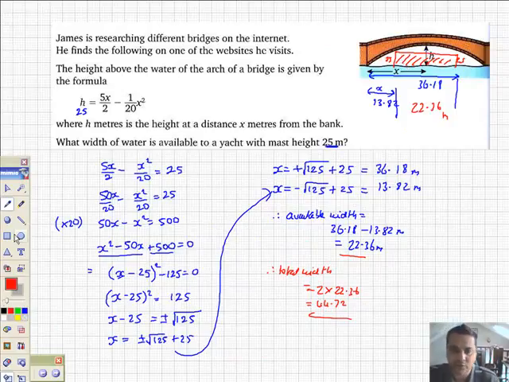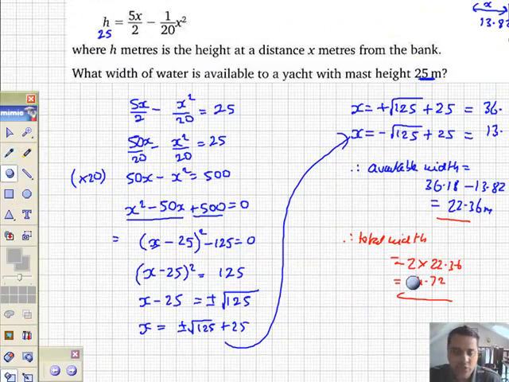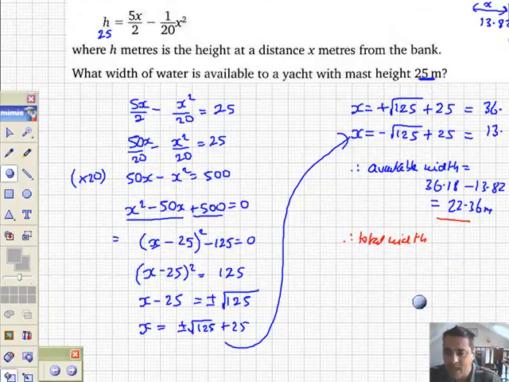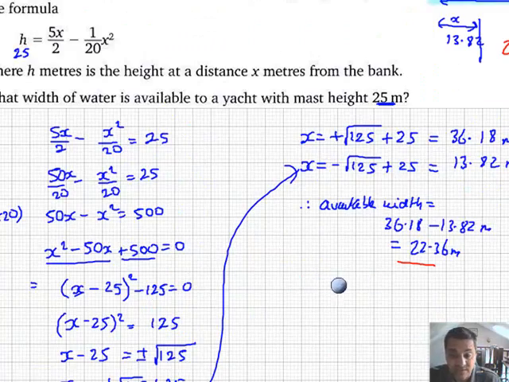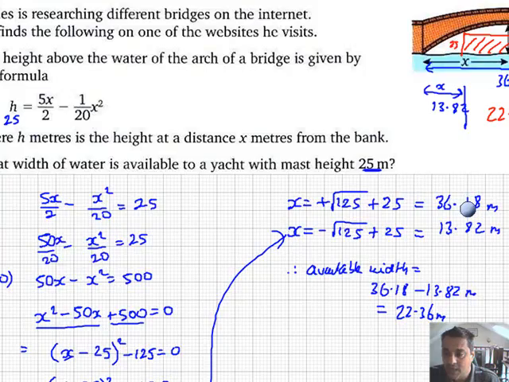So I've self-corrected in public, and well, you can do that as well. Obviously if you're in an exam and you reconsider, I've reconsidered because it didn't feel right somehow. So really my available width is in fact the maximum distance from one edge, 36.18, minus the minimum distance from the same edge, 13.82, gives me a width of 22.36 within which I can sail within those two limits there.